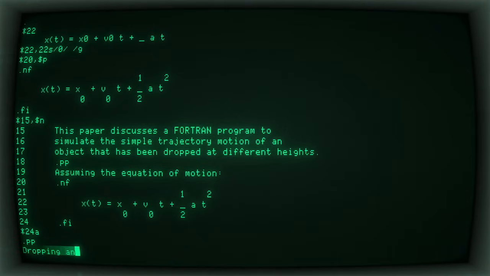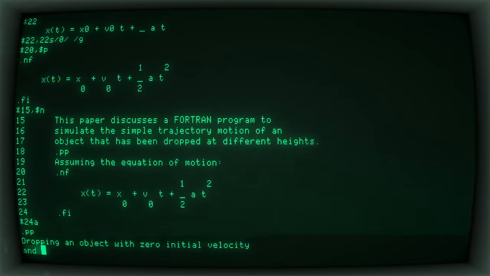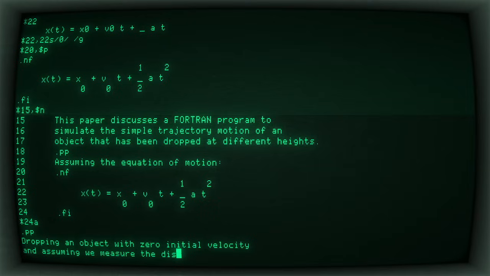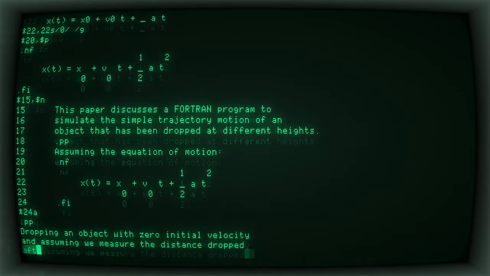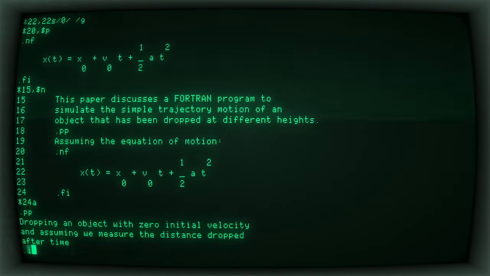Dropping an object with 0 initial velocity and assuming we measure the height, the distance dropped after time, and we'll do this as an italics, time t.